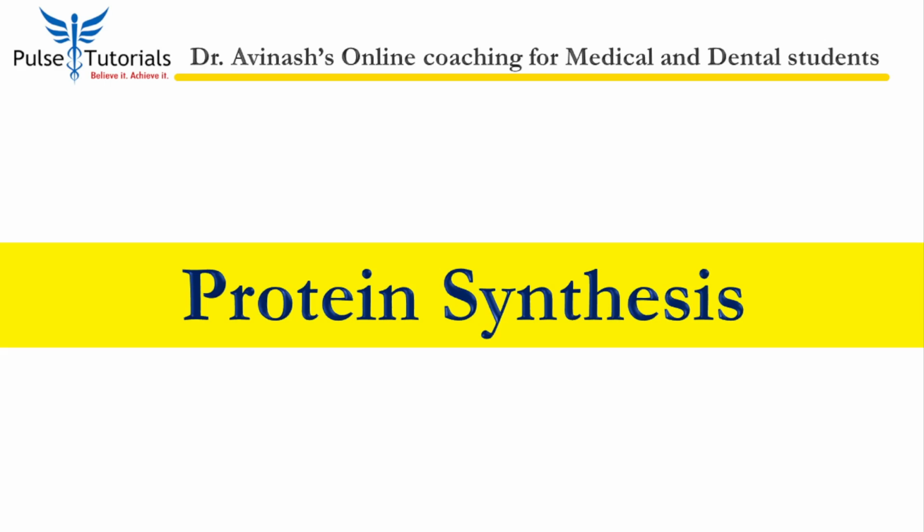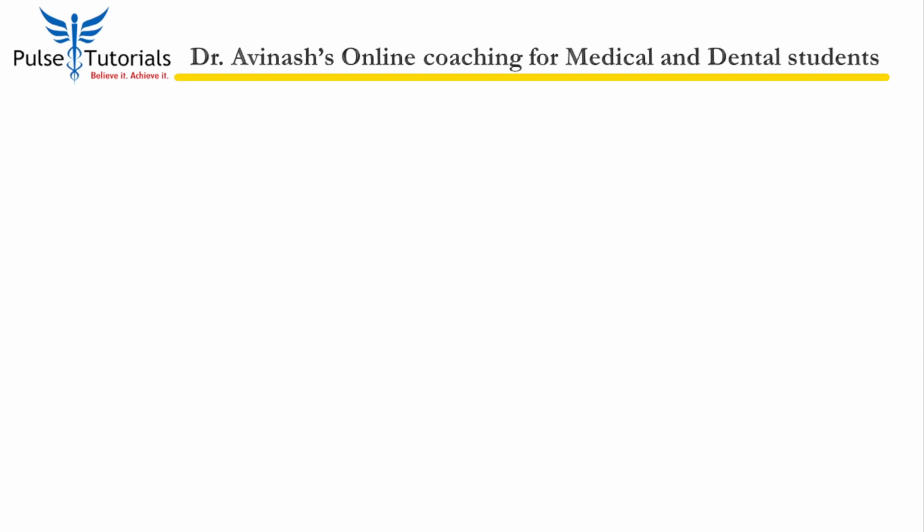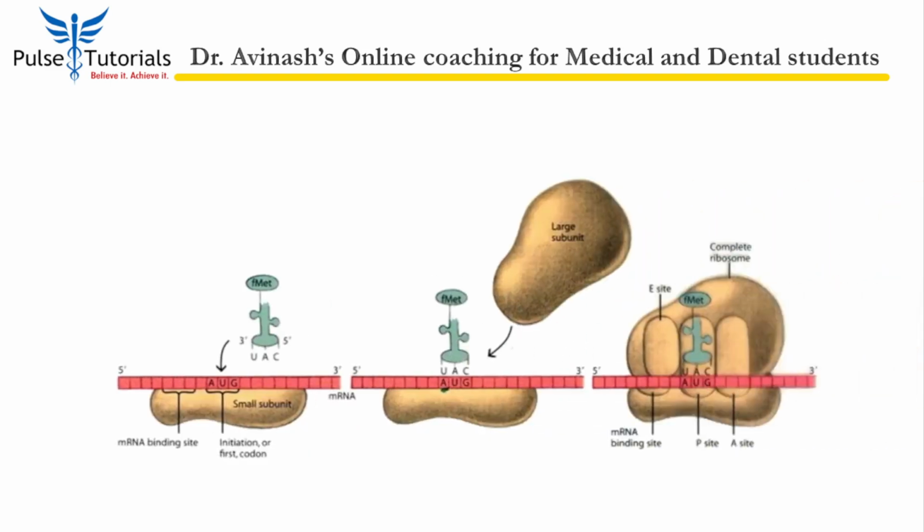The step number 1 of protein synthesis, of course, is conversion of DNA to mRNA, and that mRNA is ready. Here it is represented by that reddish line in the bottom. Once the mRNA is formed, in case of a bacteria there is no nucleus, the small subunit of ribosome, the 30S subunit of ribosome, sticks to that mRNA.